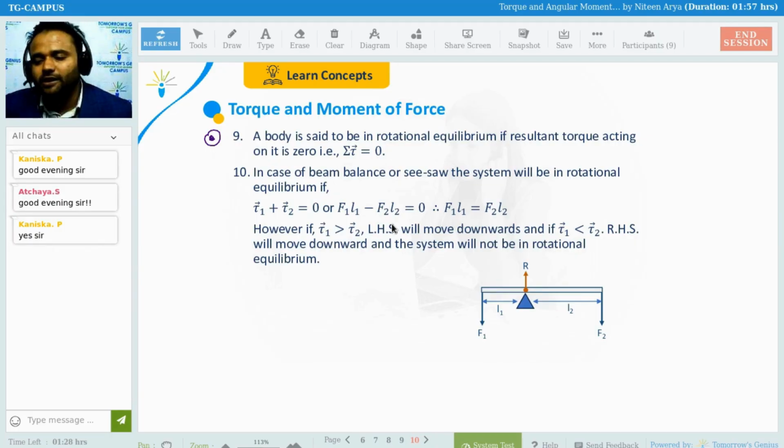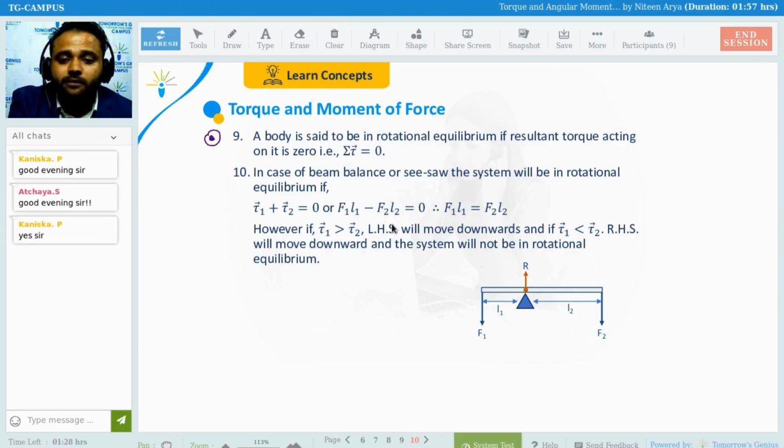You need to find the point where the net torque on that body is 0. Net torque is 0 means the sum of all the torques on it is 0. Clear?